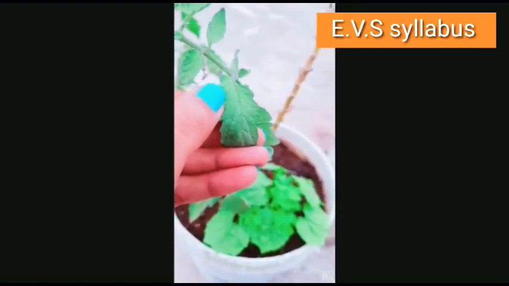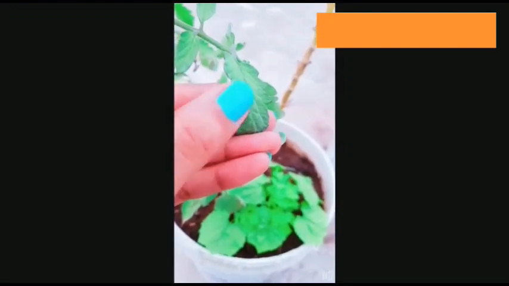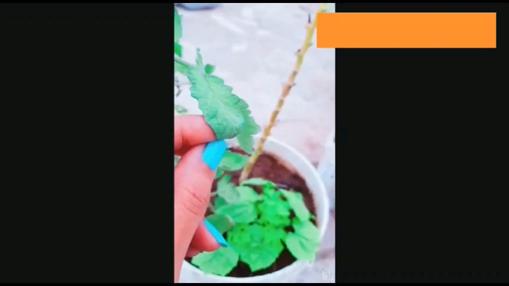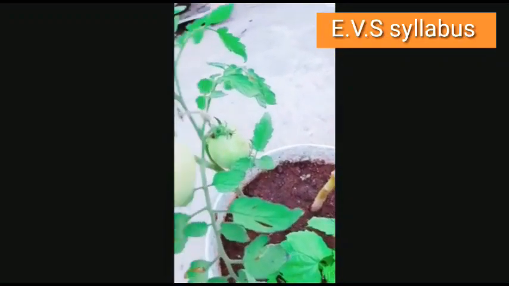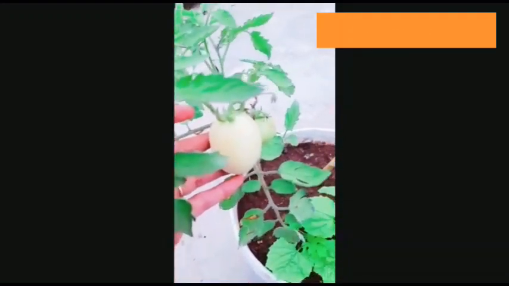The leaf collects the sunlight, water and air, and it makes the food. We can see the food here. This is the food which the plant has prepared. The leaf prepares the food.